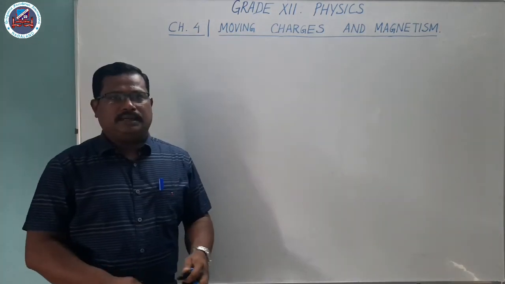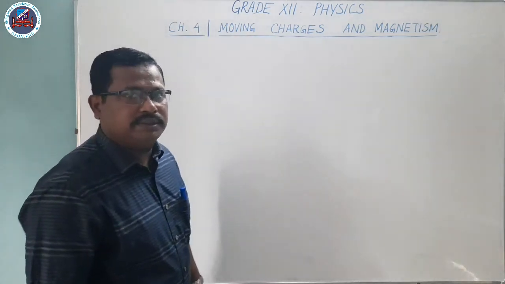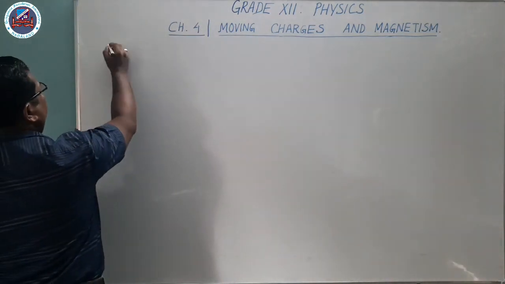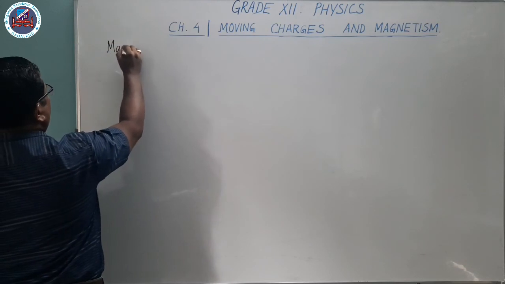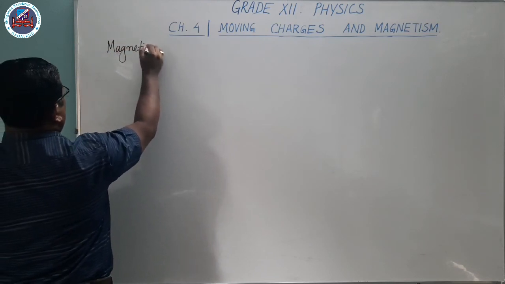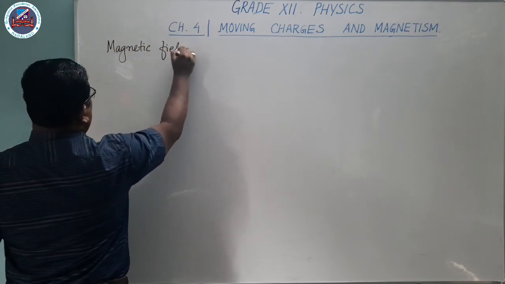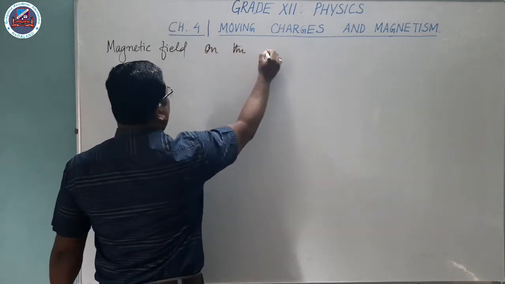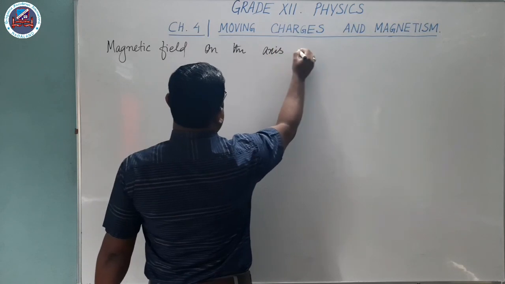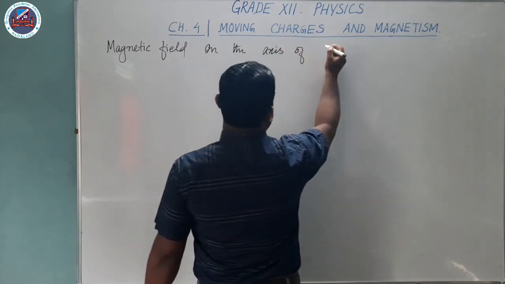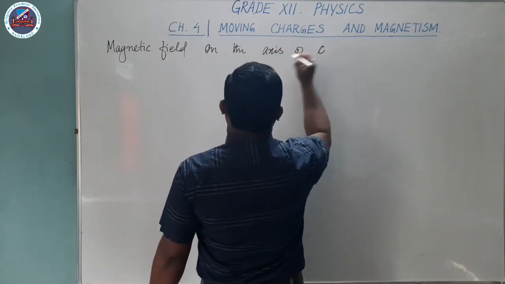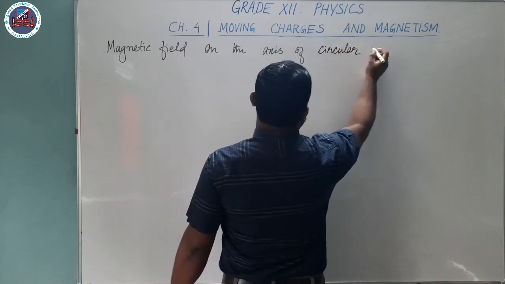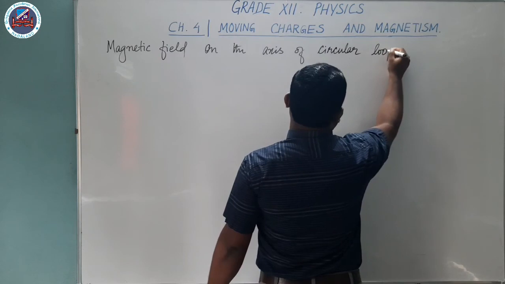Now let us see some applications of Biot-Savart's law. The first application that we'll study is the magnetic field on the axis of a circular loop carrying current.